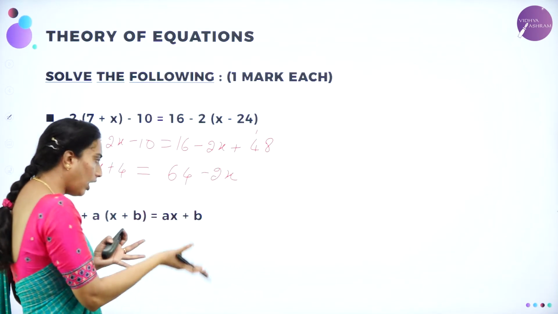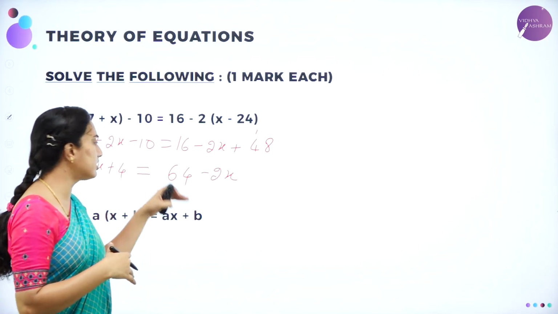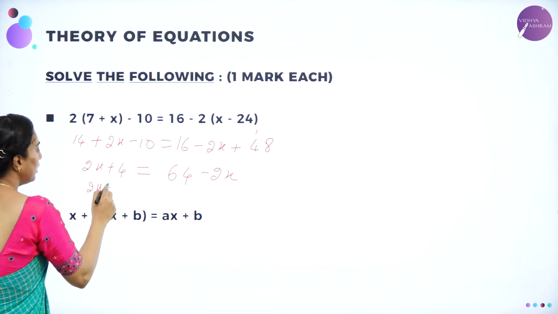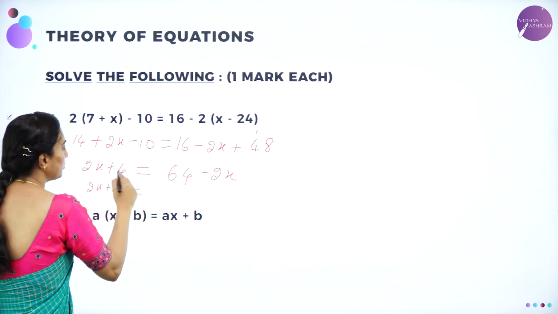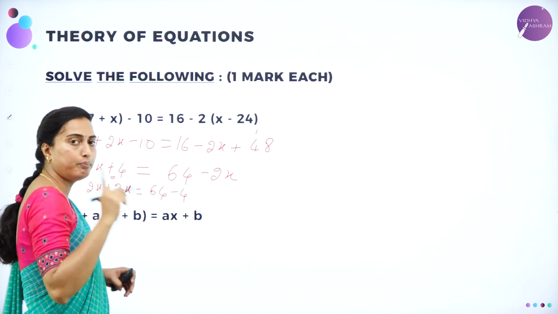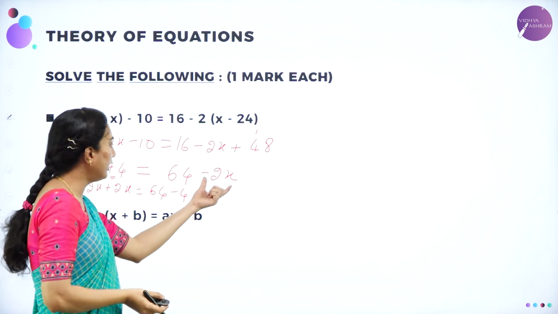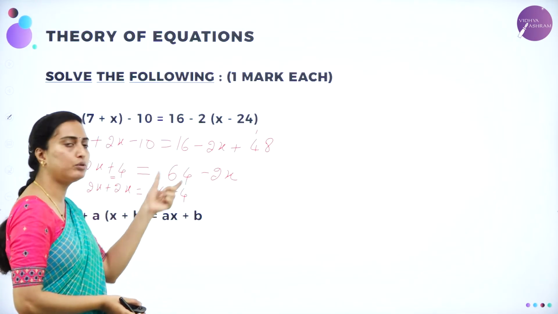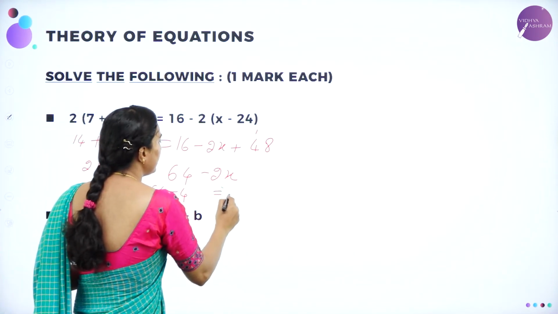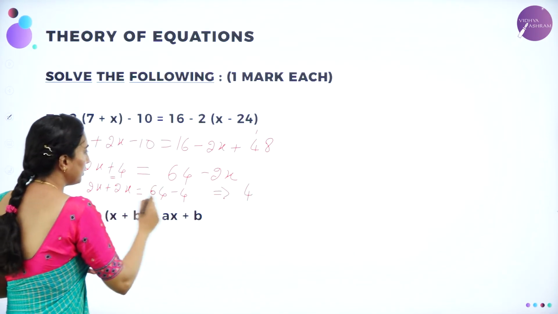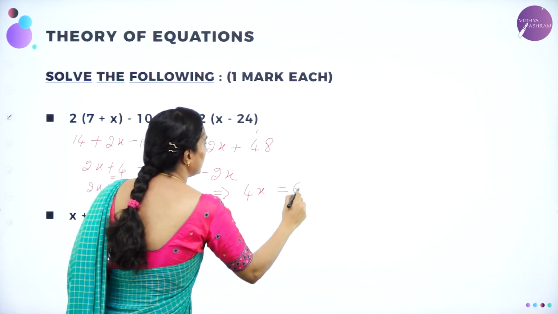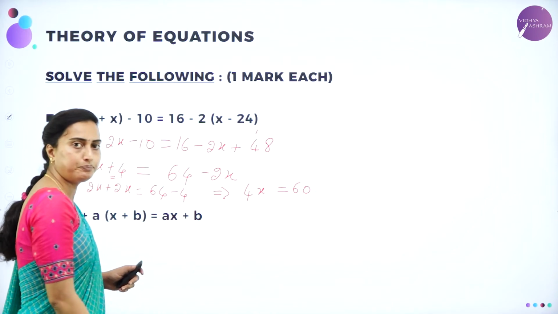Now collecting all the x terms to one side and constant terms to the other side, see here, minus 2x if it comes to this side, 2x plus 2x is equal to 64. If plus 4 goes to that side, minus 4. Be careful. I have collected all the x terms to one side, constant terms to the other side. So therefore 2x plus 2x is 4x is equal to 64 minus 4 is 60. Getting?